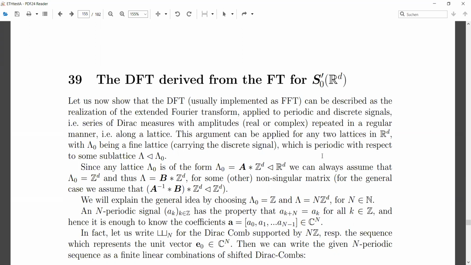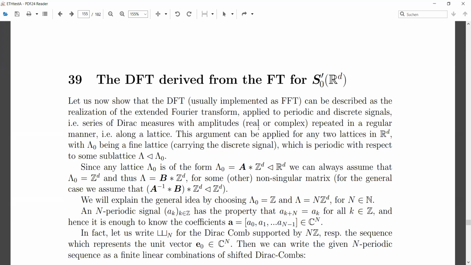But for me, and I think this is a big advantage of viewing everything from the point of view of mild distributions, but of course you can do it with tempered distributions if you're familiar with it, that's not the point, you can embed it into the continuous world.